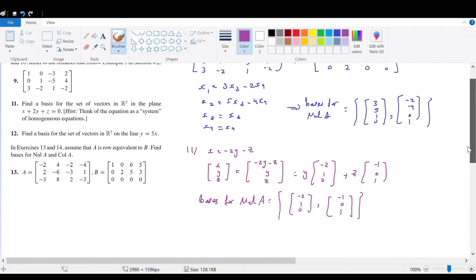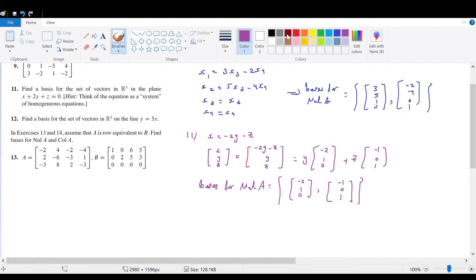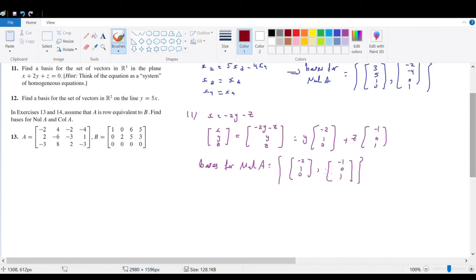Similarly, for number 12, find a basis for the set of vectors in R2 on the line y is equal to 5x.